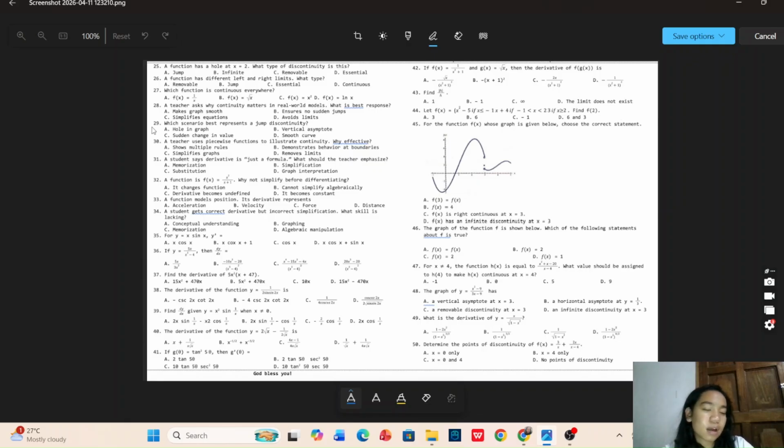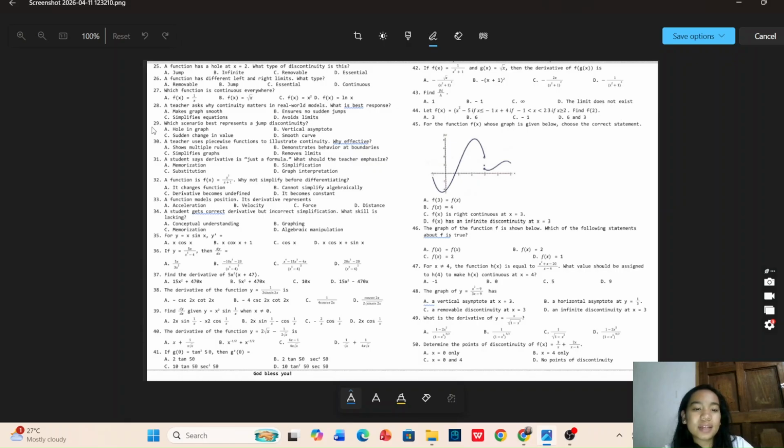Yes, a piecewise function always shows behavior at boundaries. There we will figure out if there are jumps, if there is discontinuity, and we can locate which area the graph makes discontinuous. We are done with number 30, so let us move on to number 31.